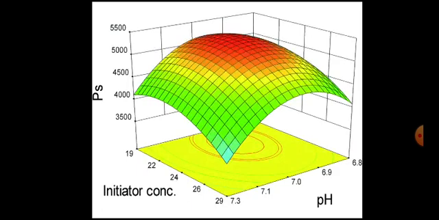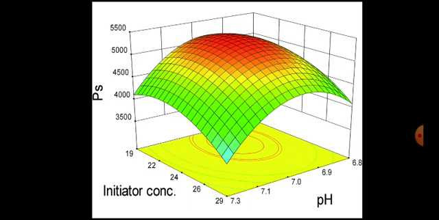This is an example. We can see that the axes of these plots are initiator concentration, which is one variable tested at different concentrations from 19 to 29.